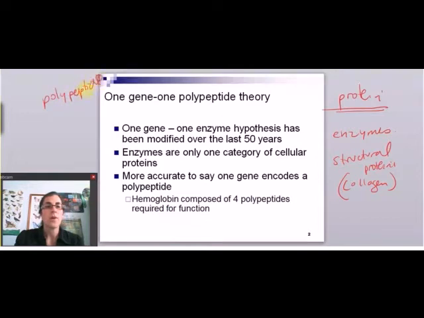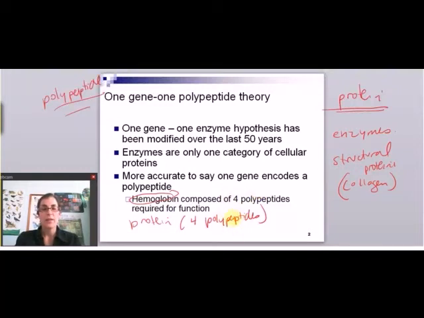But even, so one gene leads to one protein, but even more specifically, one gene leads to one polypeptide. So for example, the protein hemoglobin, so hemoglobin is a protein that's important in your red blood cells, but it's a protein that's actually made out of 4 different polypeptides. So this is quaternary structure, again, sort of referring back to chapter 3.